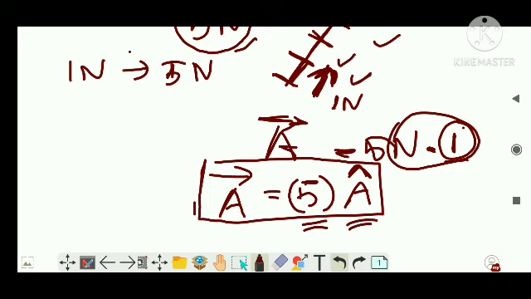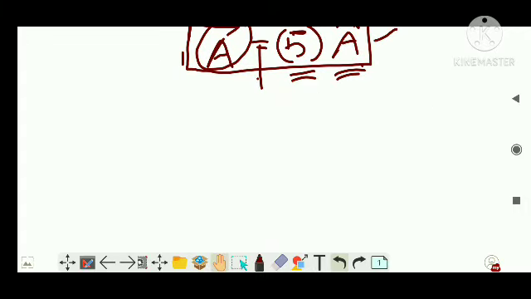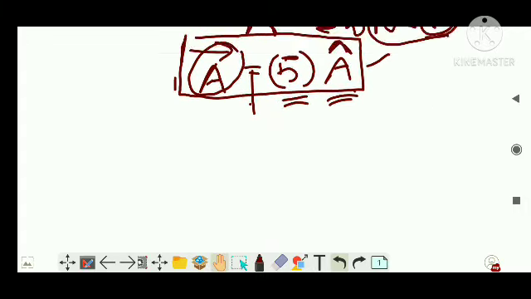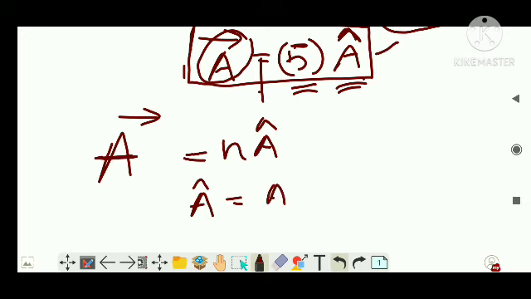So what is the definition of unit vector? Unit vector of any vector is the same vector itself, but with a magnitude of 1 unit. Clear? From here I can write that vector a is equal to n into a cap, or a cap is equal to vector a by n.